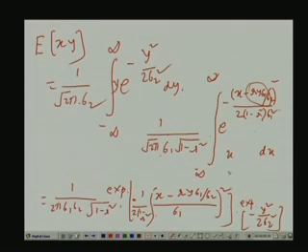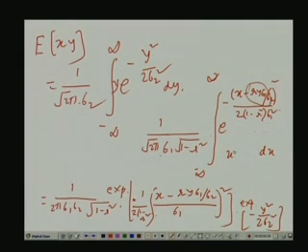Okay. So, what is this? This will give rise to the expected value of x. What is the expected value of x? It is nothing but this mean in this case.